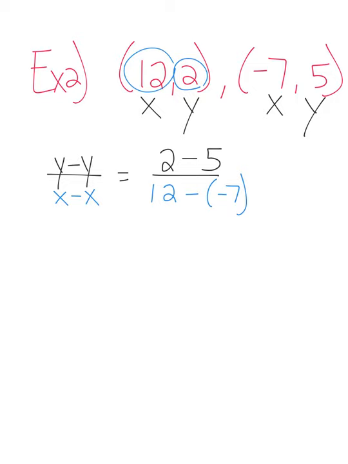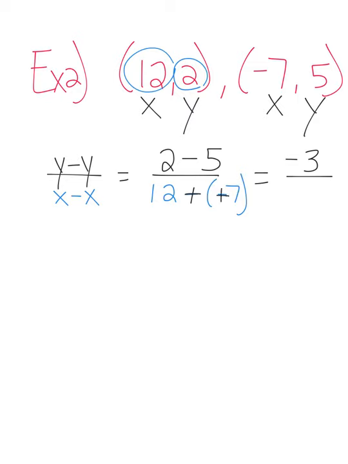We just need to do the math. So if I have a 2 and I take away 5, I'm at a -3. And if I have 12, take away a -7, that actually means, remember, we could change subtraction to addition. So this becomes add. The opposite of a -7 is a +7.